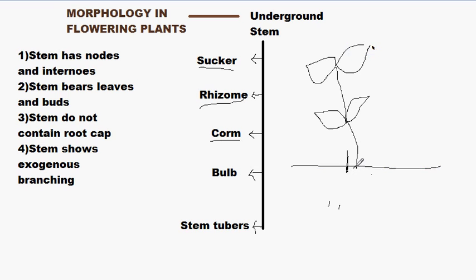The corm will not contain any branch like that of the rhizome, as I told, but it will be somewhat spherical in structure. Most of the time it is spherical, or almost spherical, and it is compressed. What do I mean by compressed?